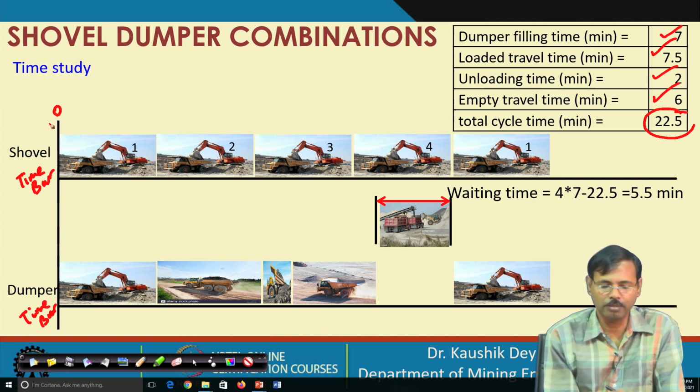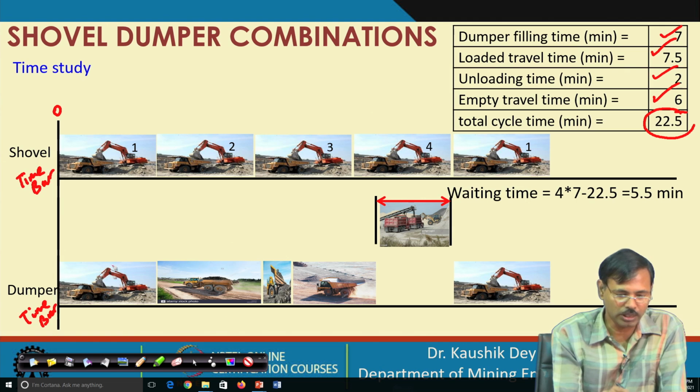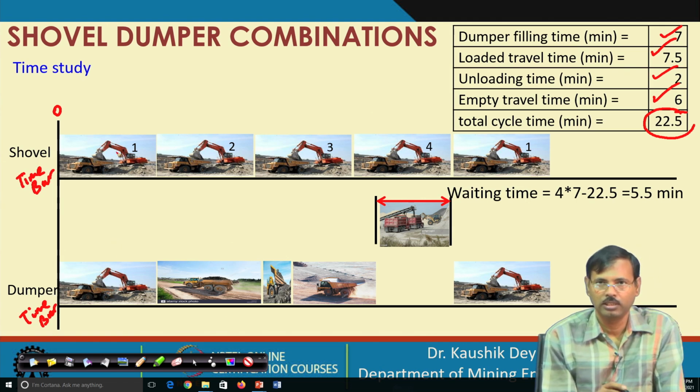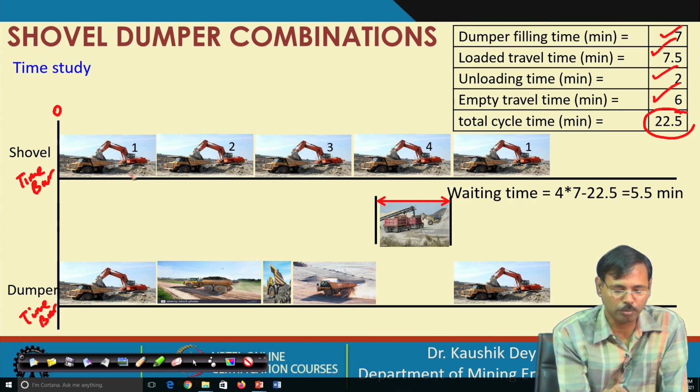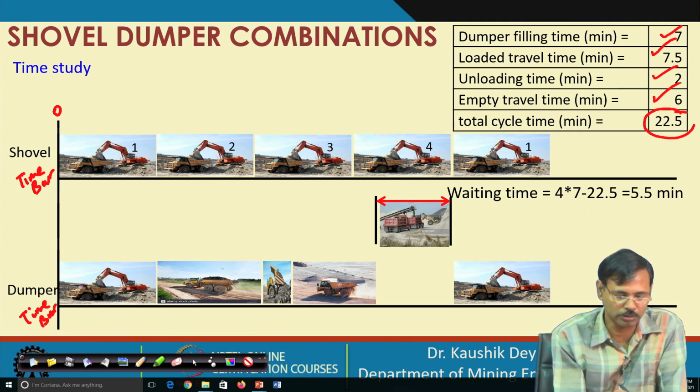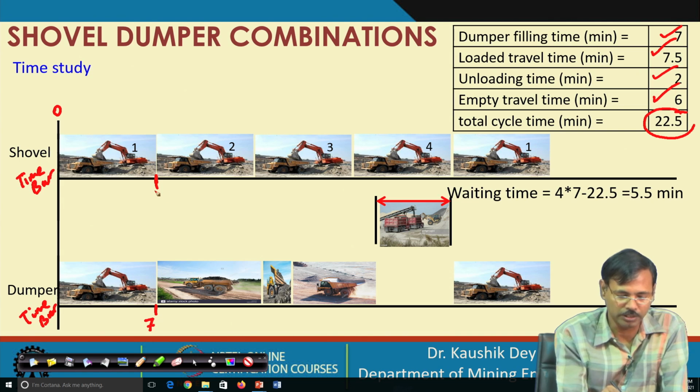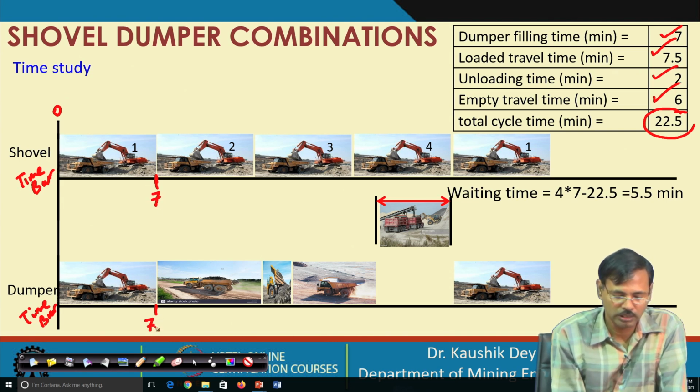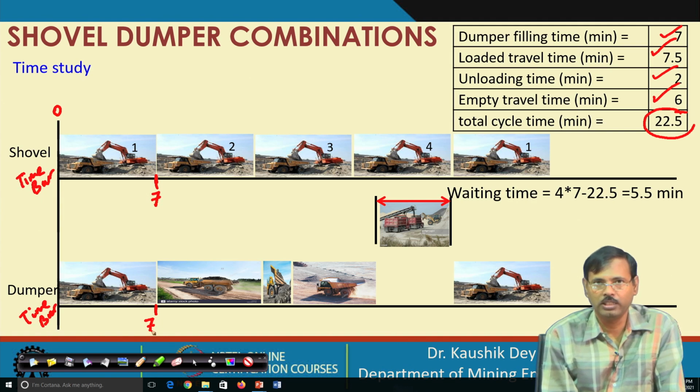We are considering that the loading of dumper number 1 commences at t equal to 0. So, at t equal to 0, the shovel starts loading dumper number 1, whose cycle we are interested in studying, and this dumper is loaded up to the 7 minute point. At 7 minutes, the loading of the first dumper is complete.